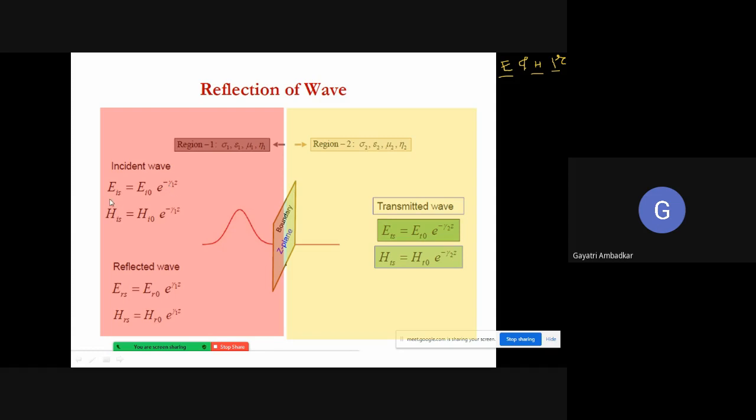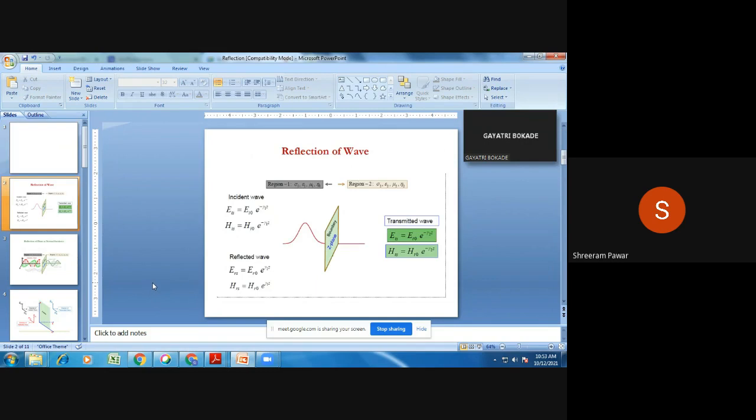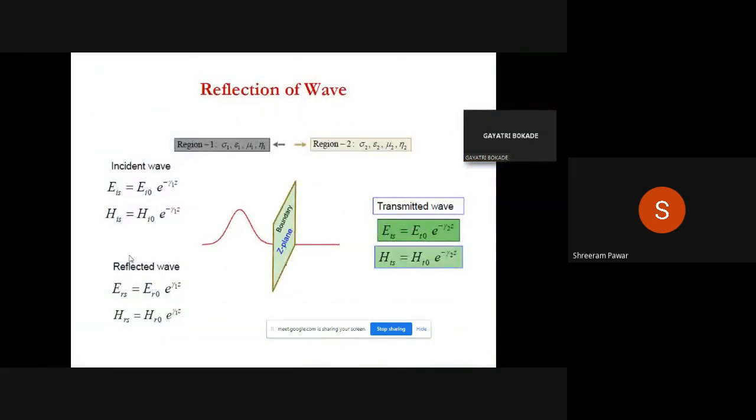So we will represent the incident electric field by EI0 e raised to minus gamma 1 Z, where this indicates the amplitude. You use gamma as a propagation constant. If it's a forward traveling wave, it will be minus gamma. If it is a reverse traveling wave, it will be plus gamma. So this way, some part is transmitted, some is reflected back.